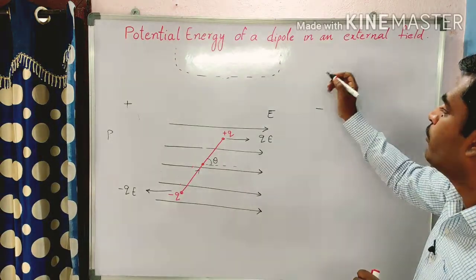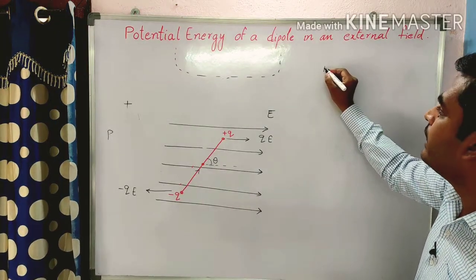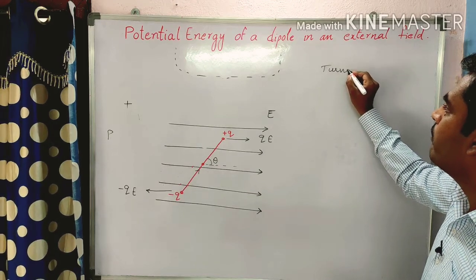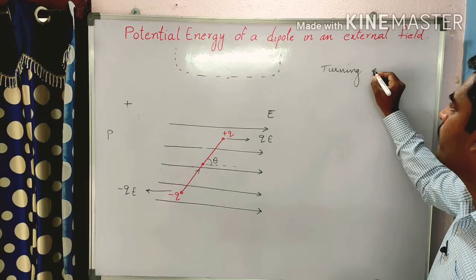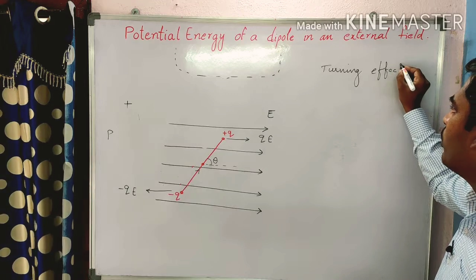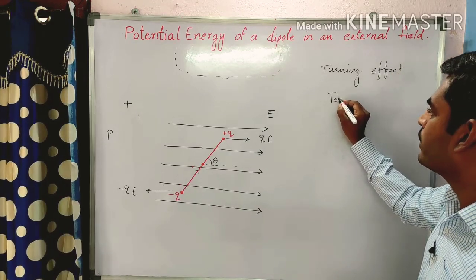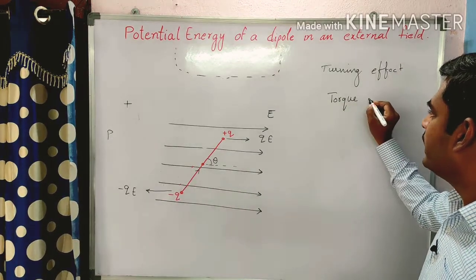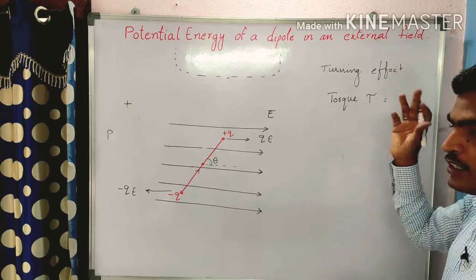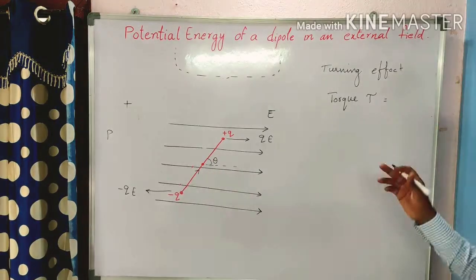Then we know that a turning effect is developed. This turning effect is called torque. In our previous classes we have seen that torque is developed.